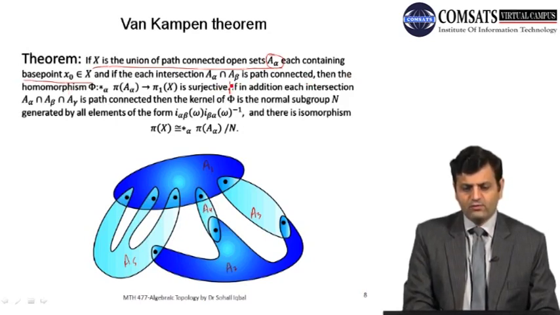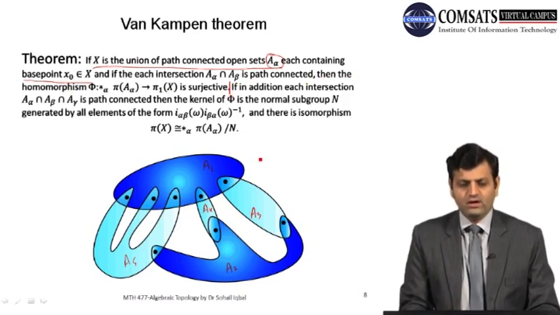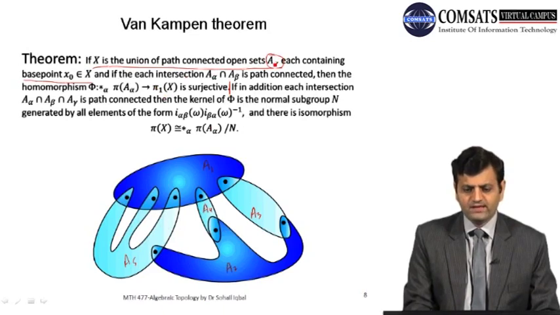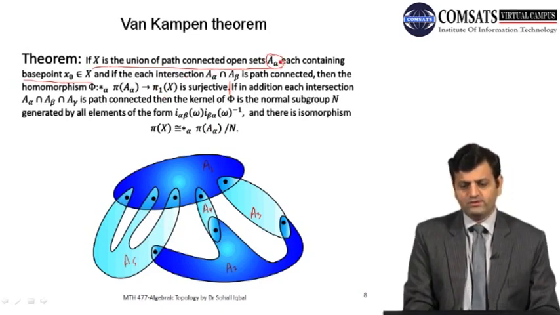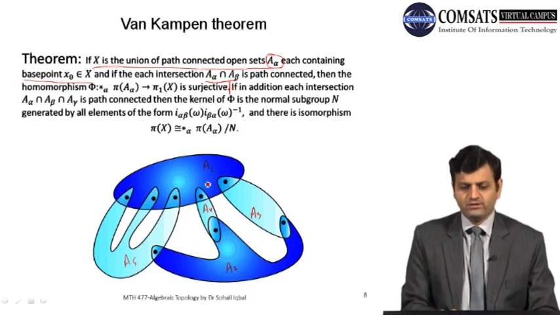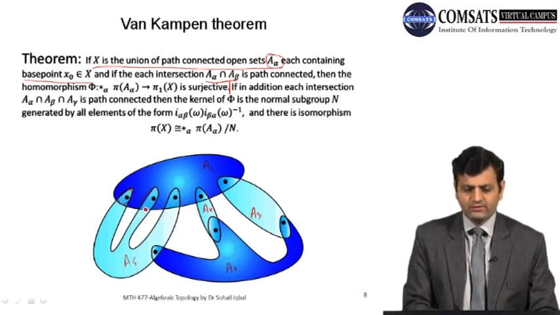Now we are getting one condition on this map. If we have open sets A alpha, and of course if they are path connected, then they will have their own fundamental group, and if the intersection is path connected. Now in this picture we can see that the intersection of A1 with A5 is not path connected. So this part is not connected to this.